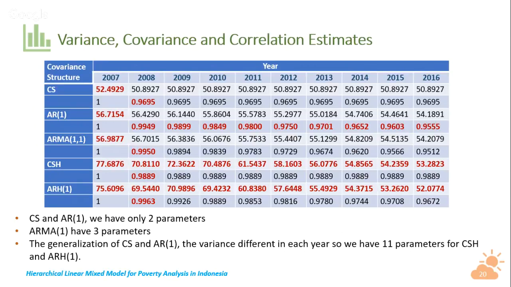Rho is constant in heterogeneous compound symmetry, but in heterogeneous first order autoregressive it decreases exponentially as rho.